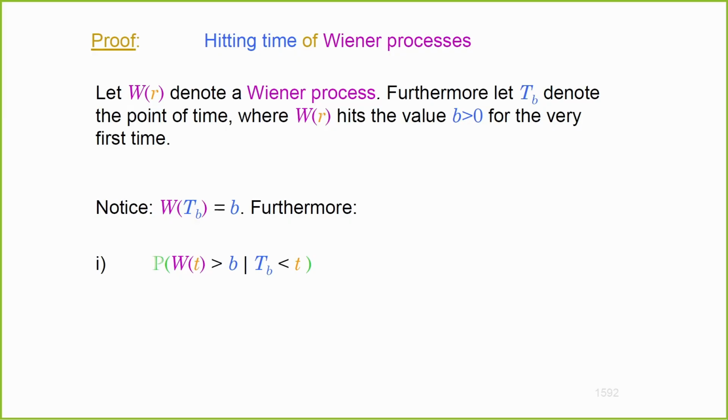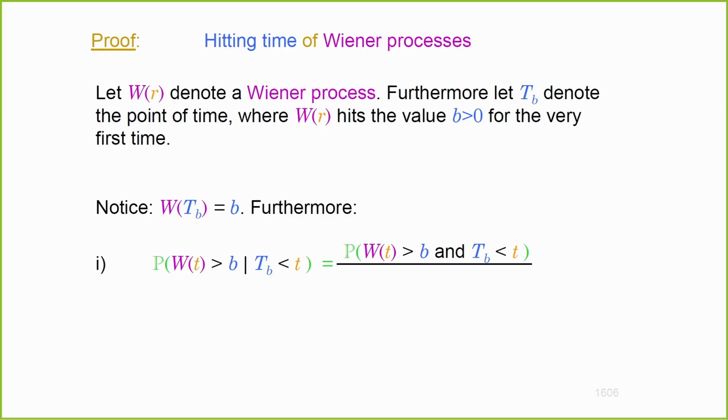Now, the conditional probability by definition is the probability of the intersection of the 2 events. So both events must be true: that the Wiener process is greater than B at that point of time, and that the hitting time was prior. It's not equivalent, but the intersection of the 2.